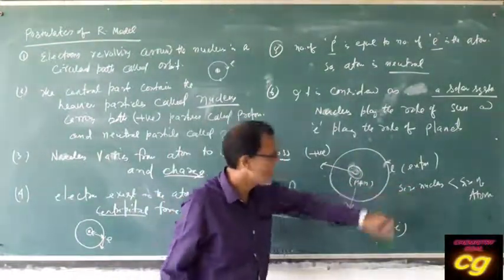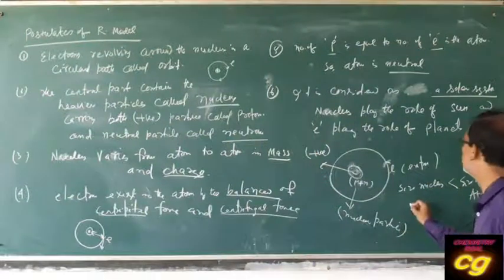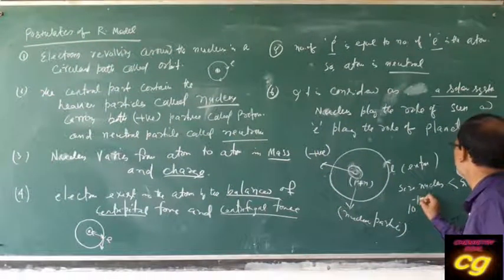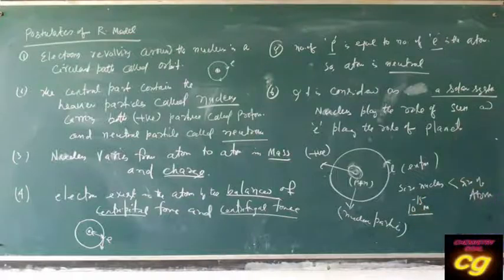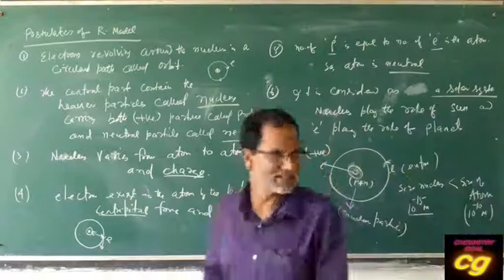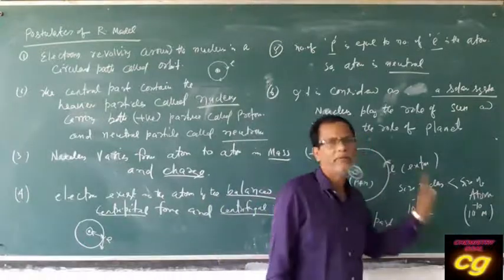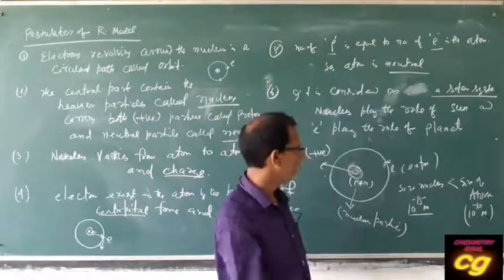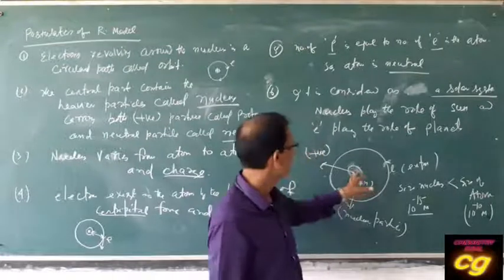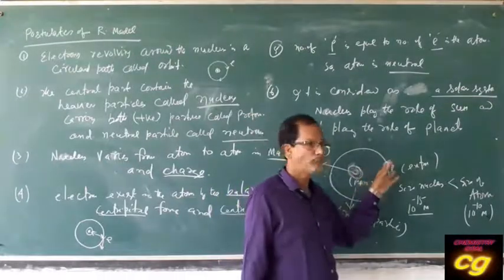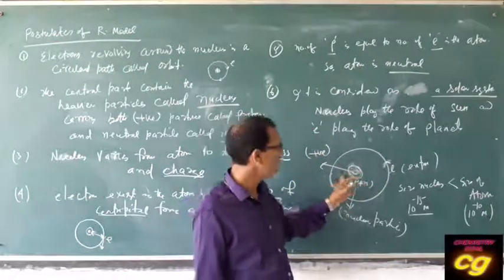It is calculated as 10 to the power minus 15 meter, while the atom size is about 10 to the power minus 10 meter. These are approximate sizes.